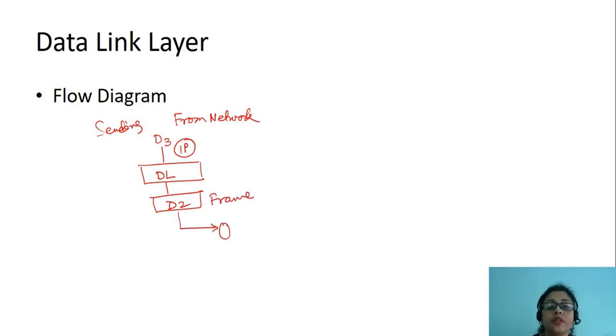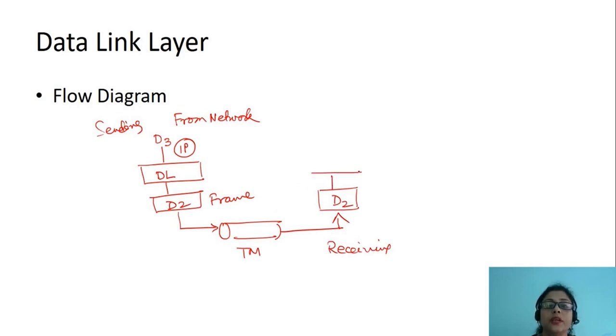And these frames then pass through the transmission medium. And when it goes to the receiving computer, these frames as D2 data come here. It is received at the data link layer, and then it can move to D3 for converting it to the network layer. So this is the flow diagram of the data link layer.